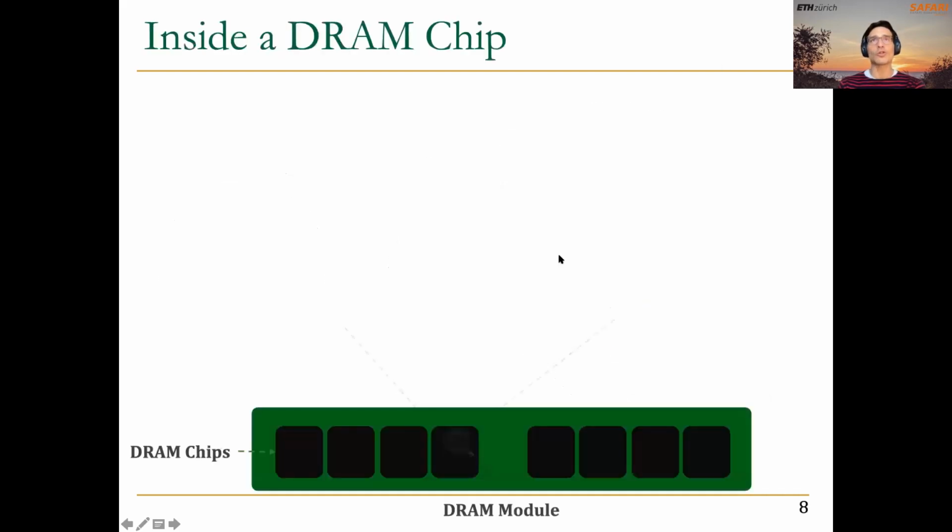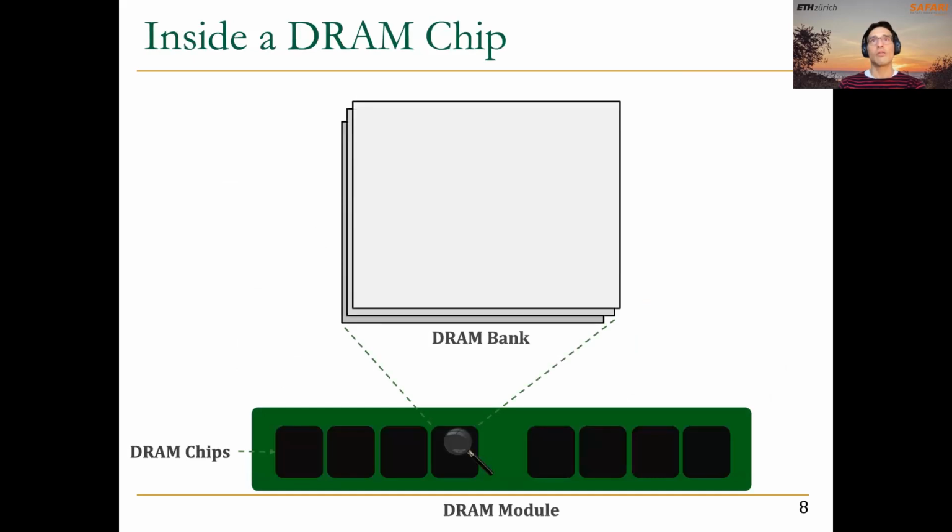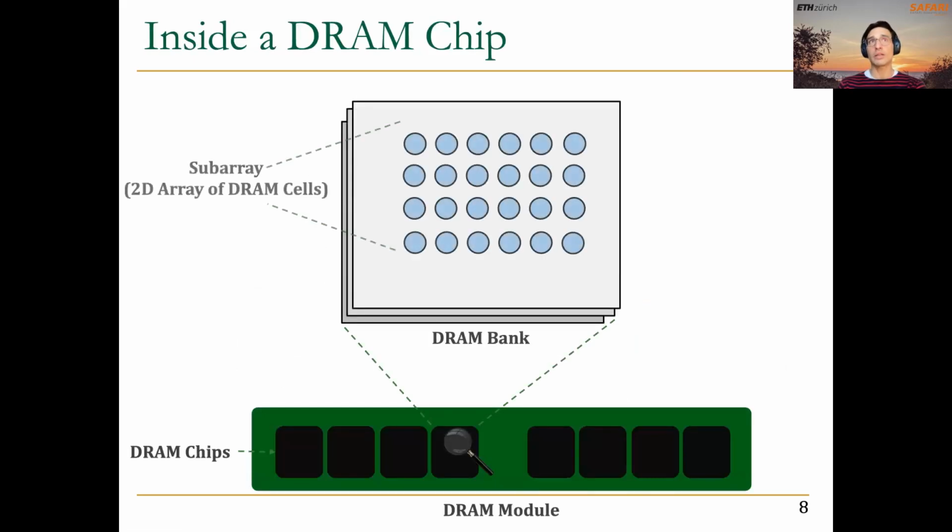But let's take a closer look at the banks. If we look at the internals of one bank, these banks are composed of several DRAM subarrays, which are 2D arrays of DRAM cells. In this slide, these blue dots represent DRAM cells. As you see, these DRAM cells are connected by horizontal word lines and vertical bit lines.